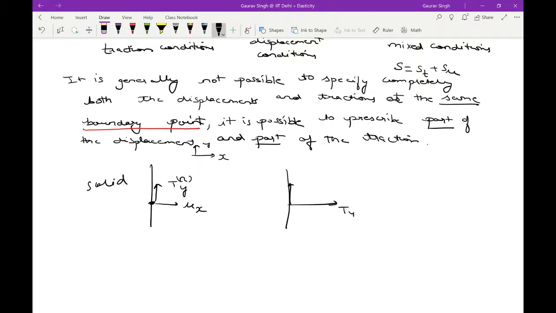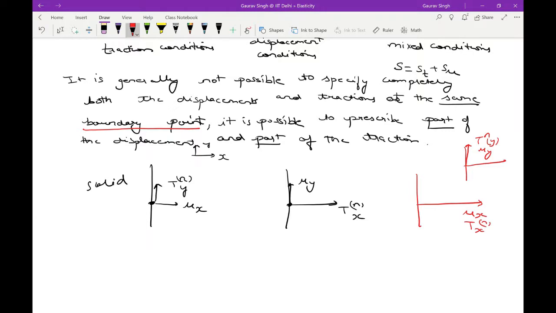You can have tx traction at this point specified, n representing obviously the outward normal because the traction requires an outward normal, and you can have uy specified. But you cannot have ux specified and txn specified, or tny specified and uy specified.